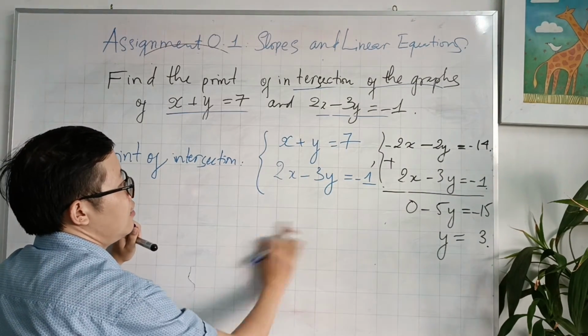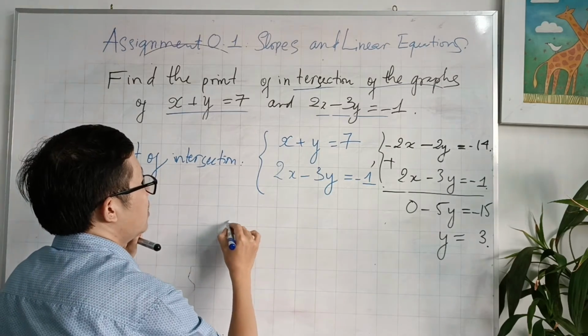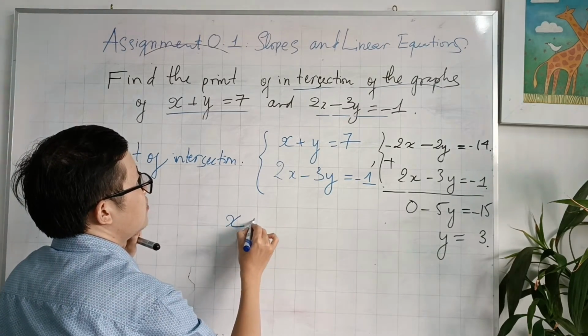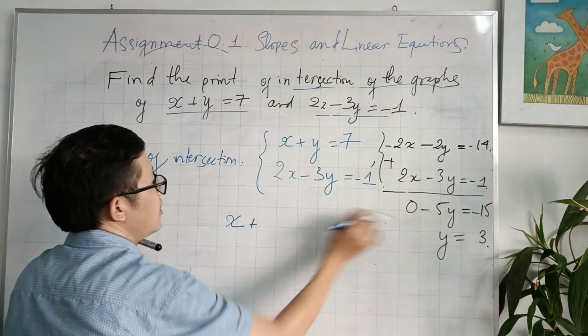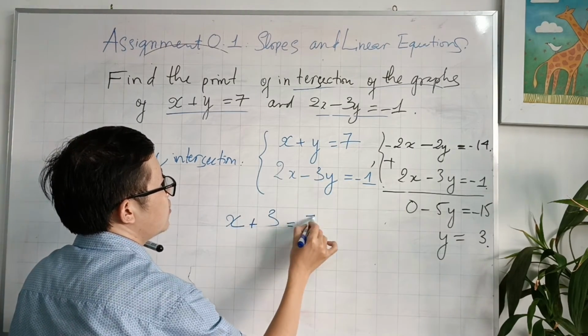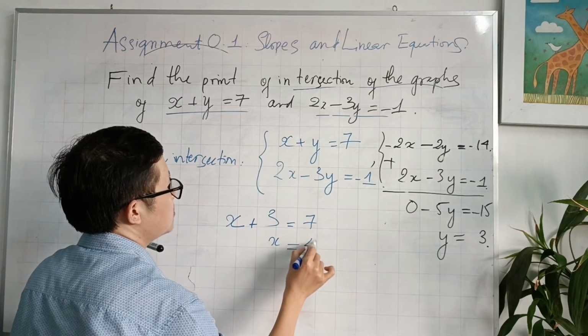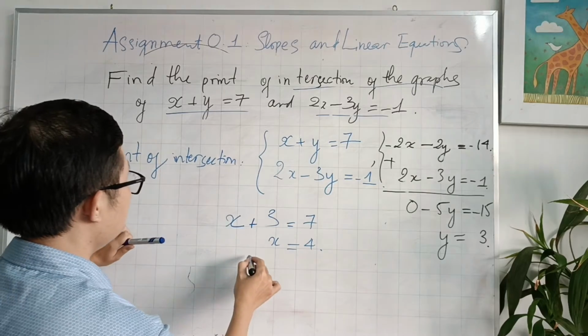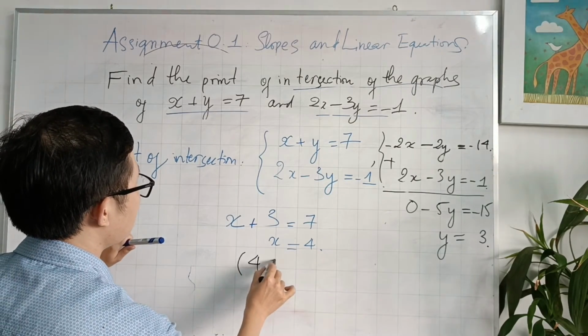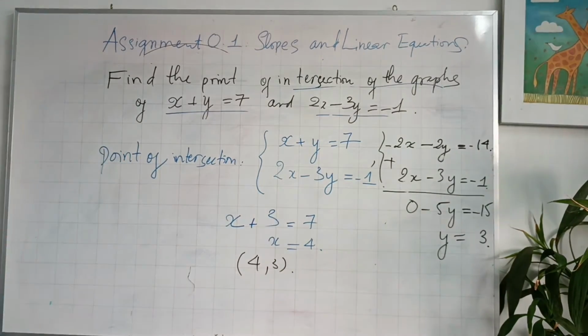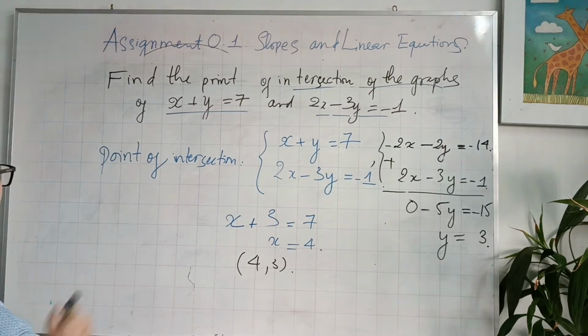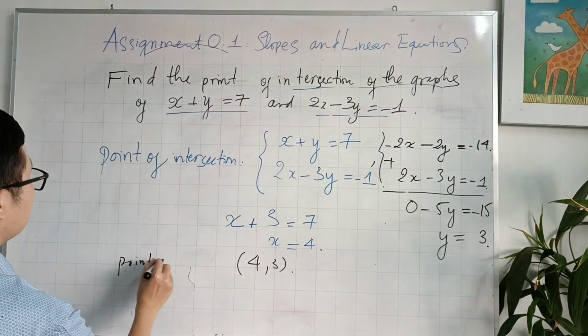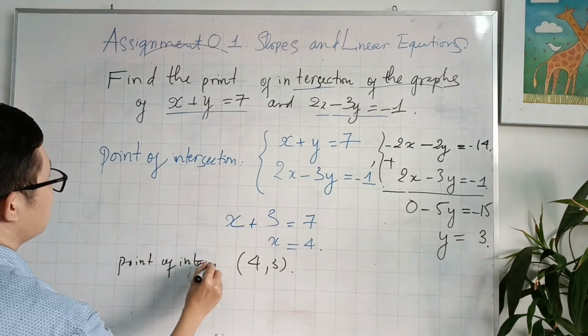So we have x plus 3 equals 7 and x equals 4. So the last answer, the point of intersection, is (4, 3).